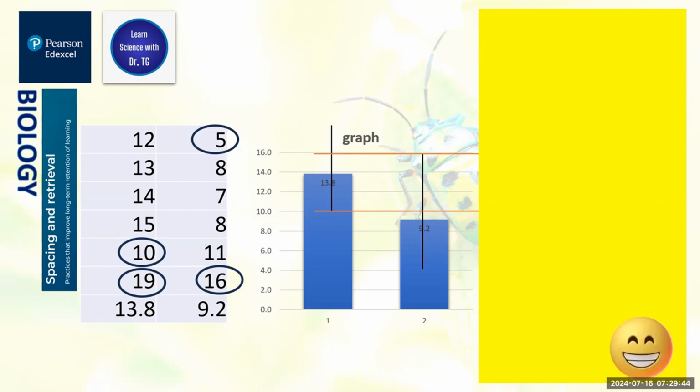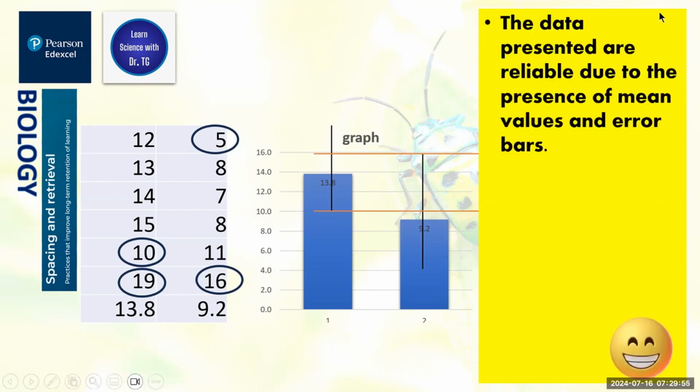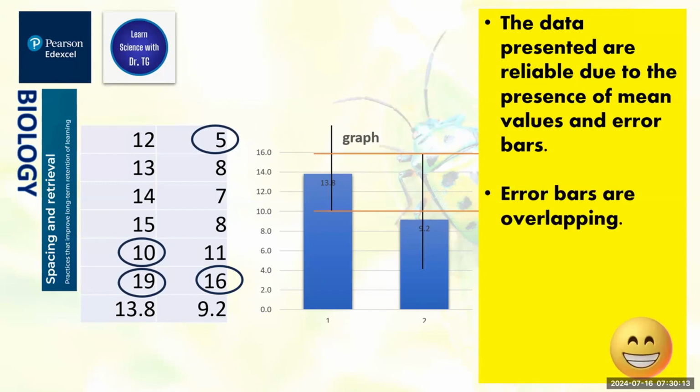Now this is the first set of data and how we interpret it statistically. Number 1, the data presented are reliable due to the presence of mean values and error bars. You should write in your answer exactly like this: the data presented are reliable because they have the mean value and the error bars. Then you write that the error bars are overlapping.